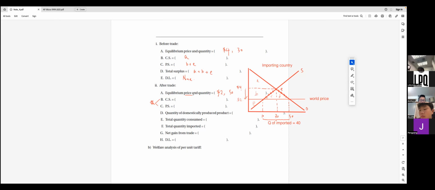Can somebody tell me where is the consumer surplus after we can do free international trade?